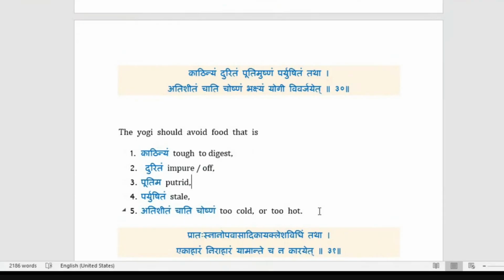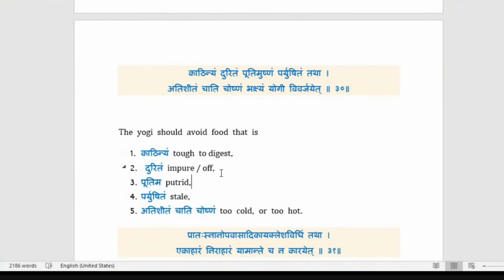Yes, very good. Nidhi ji? Yes, ma'am. Kathinyam, tough to digest. Duritam, impure. Putim, putrid. Paryushitam, stale. Atishitam, ati ushnam, too cold or too hot. Very good.